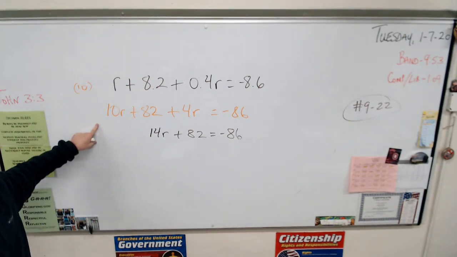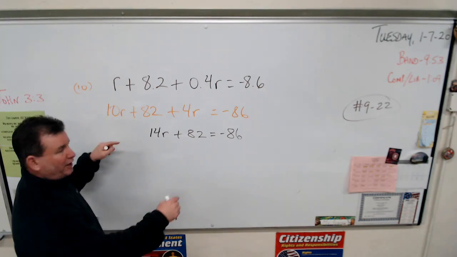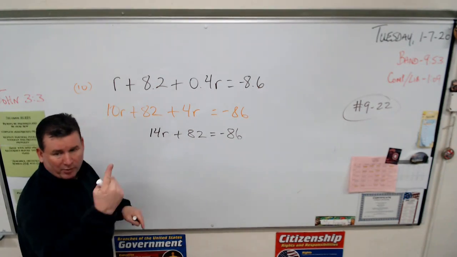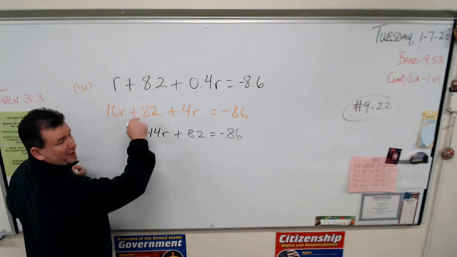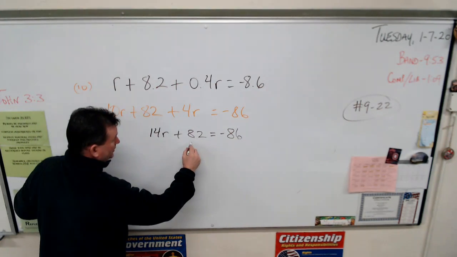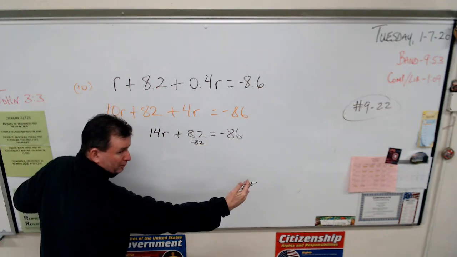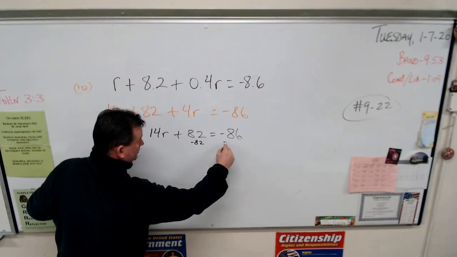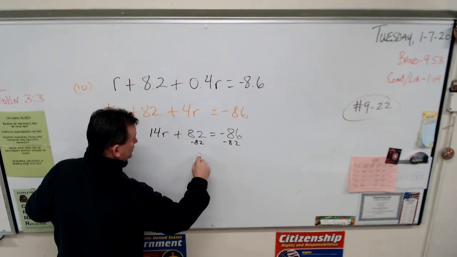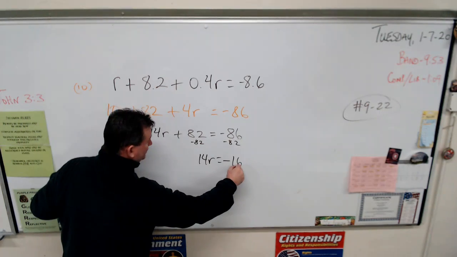I'm not skipping any steps here. Once you got more experience, I probably would have done the next 2 steps in 1 step. But I'm going to take my positive 82 and get rid of it by subtracting it from both sides. That leaves me with 14R equaling negative 168.